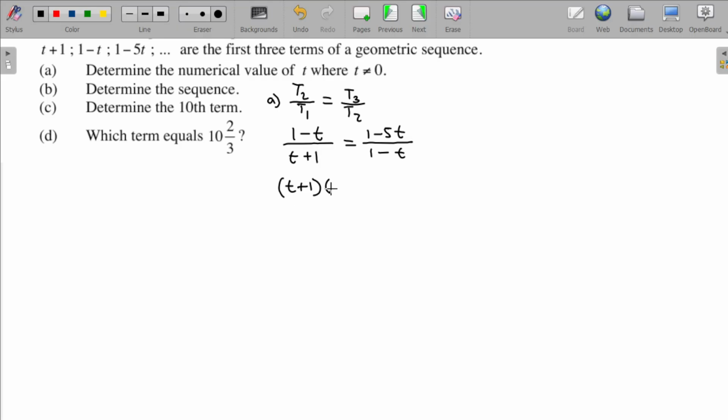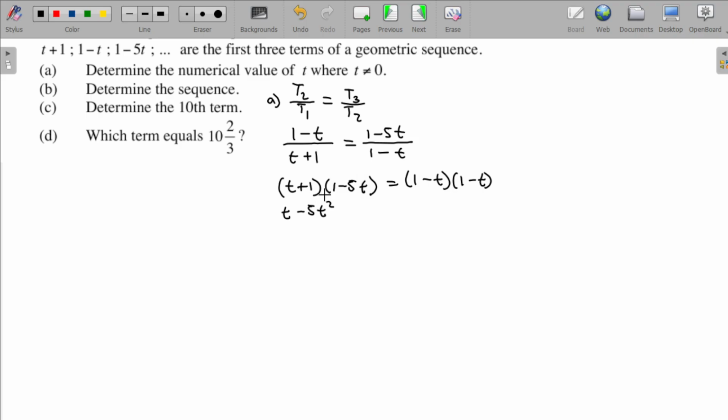So t plus 1 into 1 minus 5t, and then equals to 1 minus t into another 1 minus t. And then we open our bracket here. So this and this is going to be t. And this is going to be minus 5t squared, because I'm timesing this and this.